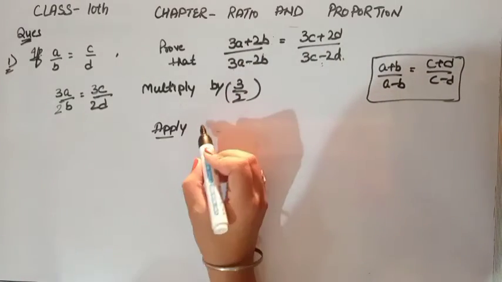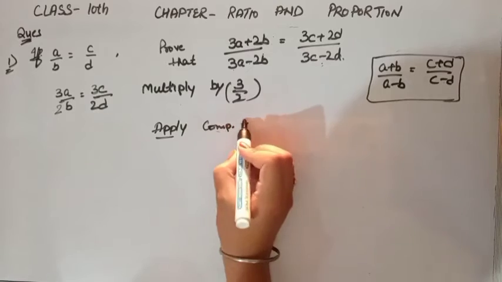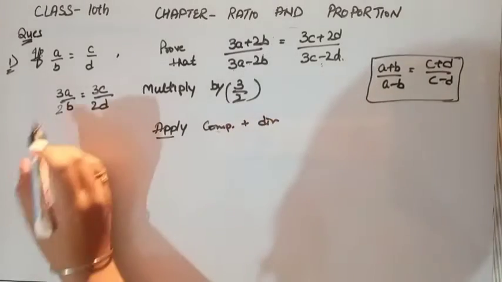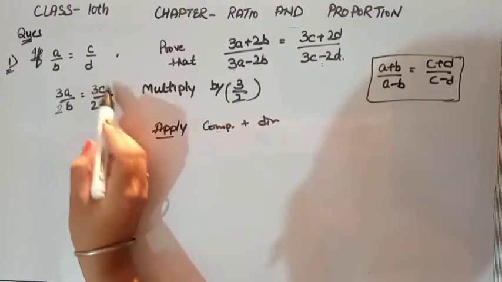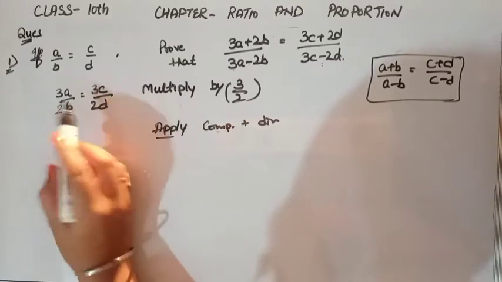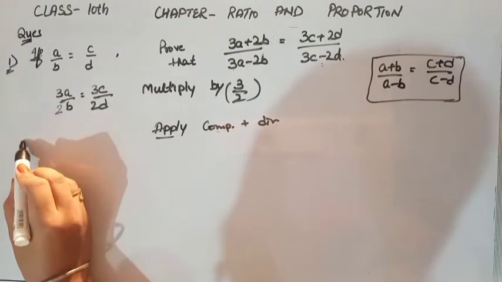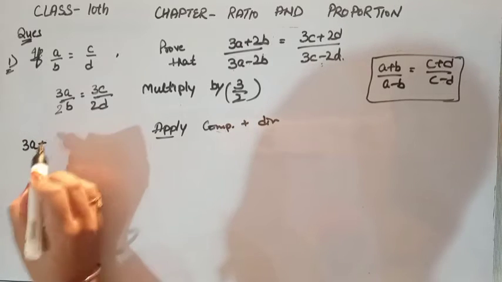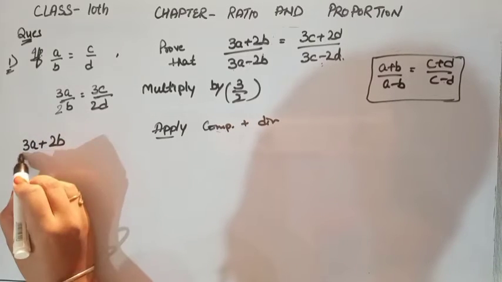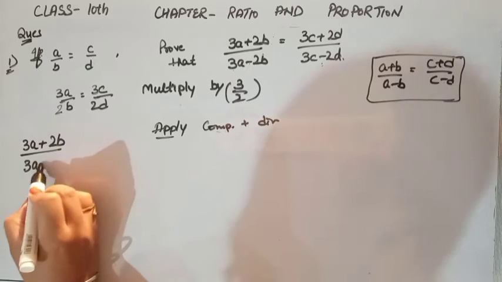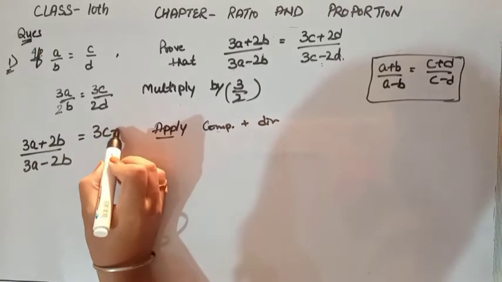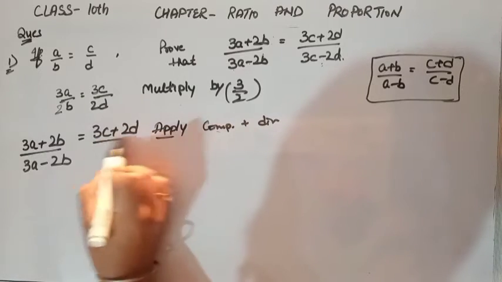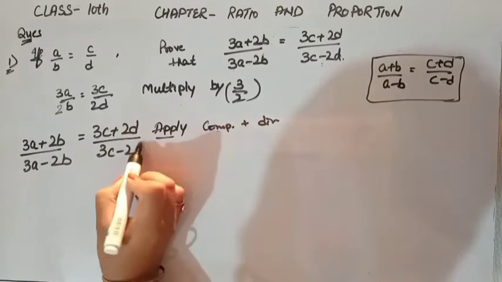So apply componendo and dividendo together. This whole term is now A, this whole term is B, this whole term is C, and this whole term is D. So 3A plus 2B upon 3A minus 2B is equal to 3C plus 2D upon 3C minus 2D.